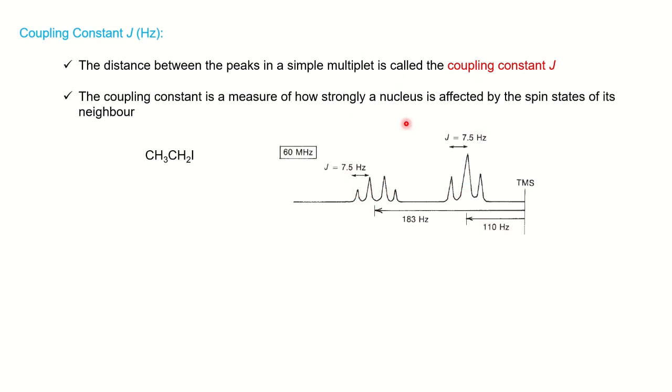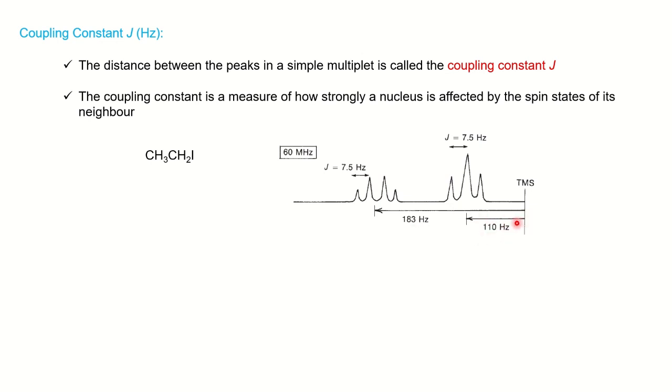It means the two sets of protons, or two peaks, are coupling with each other because they have the same value. Now the following spectrum is recorded at 60 megahertz NMR, and you can see the values mentioned: 110 hertz, 183 hertz. What is that?